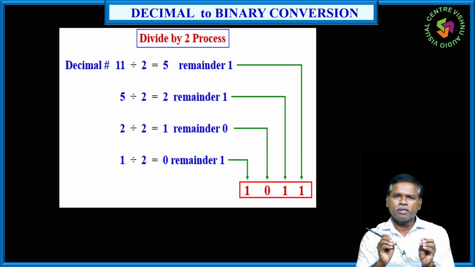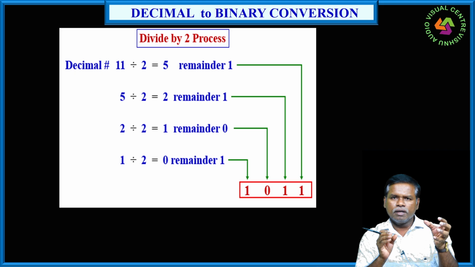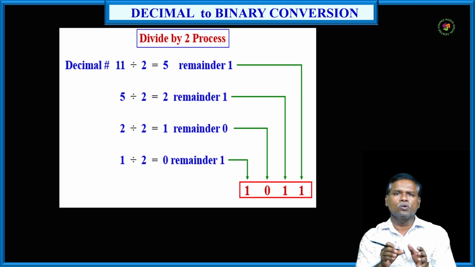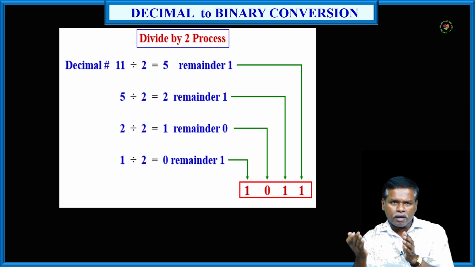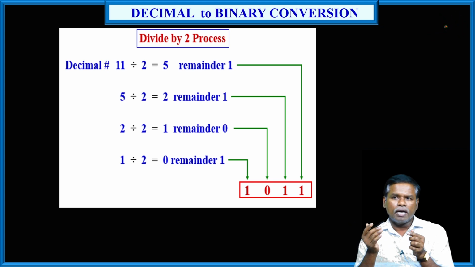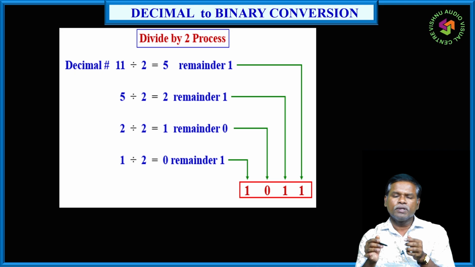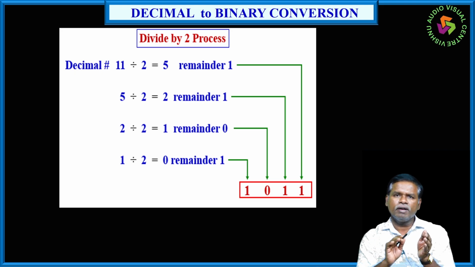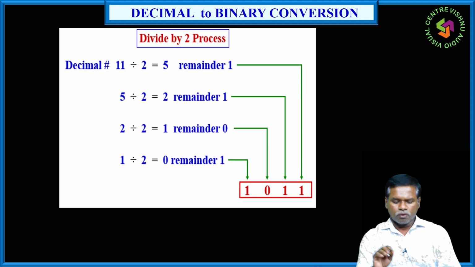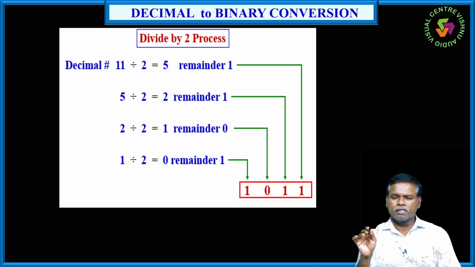The simple process is: you take the decimal number and go on dividing by 2, because our target number system here is binary and its base is 2. Simply divide the given number by the base of the target number system. That is how we get the binary equivalent of a given decimal number.